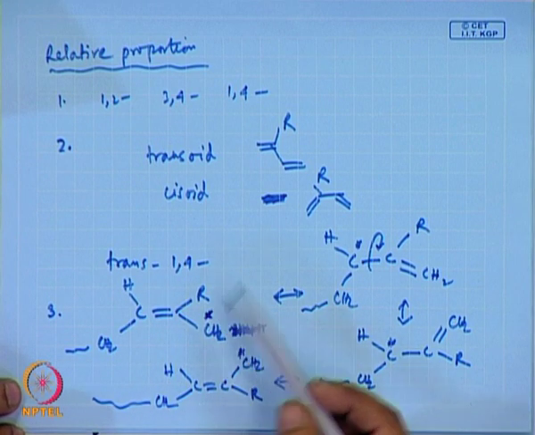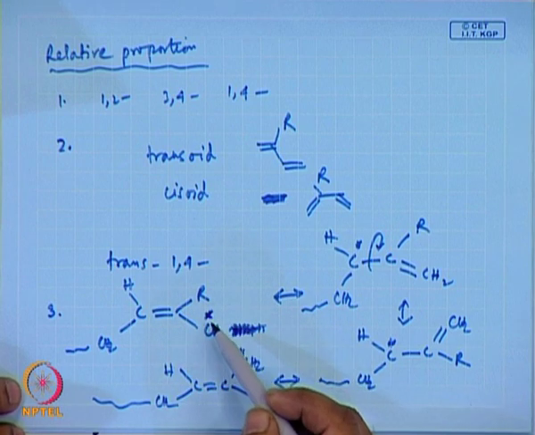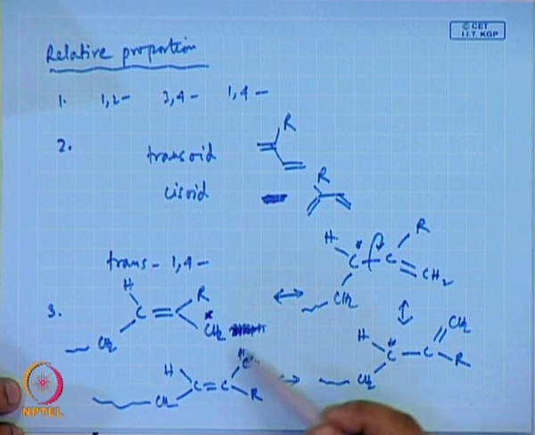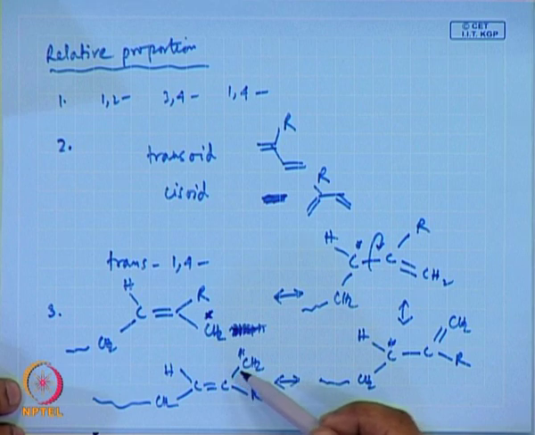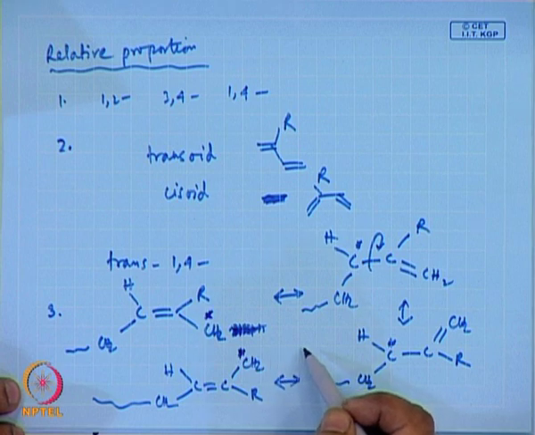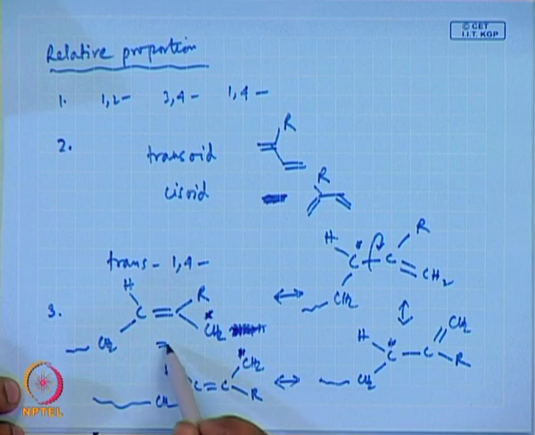So, basically you can have one chain end with one active center, and because of resonating structures, it can form another geometry around the double bond, and if this now propagates, it will form a trans polymer. If this chain propagates, it will be a cis product.